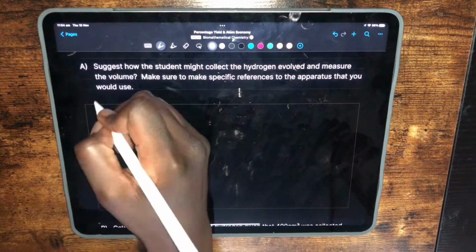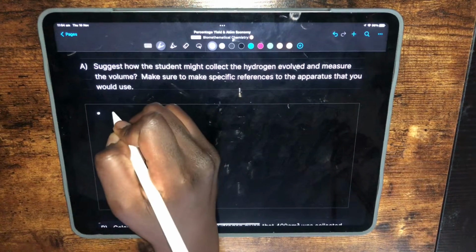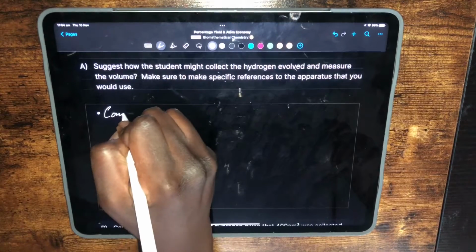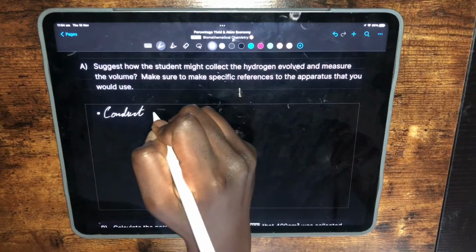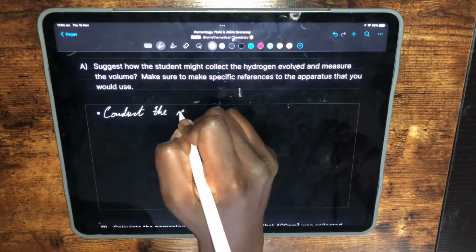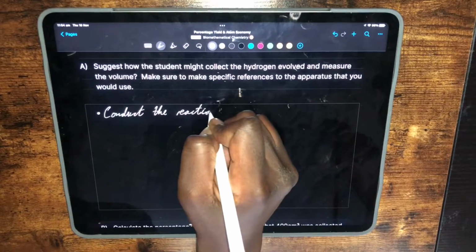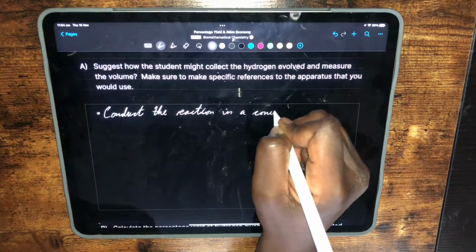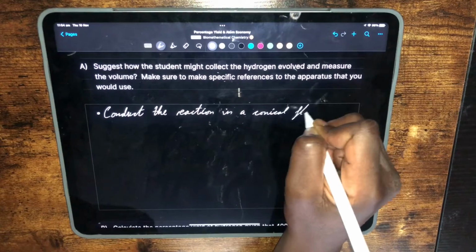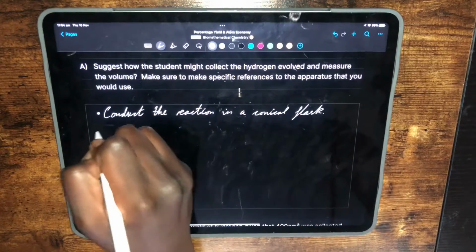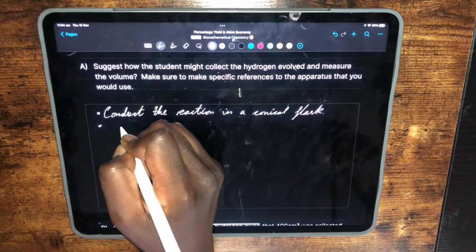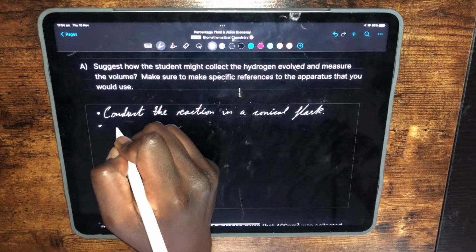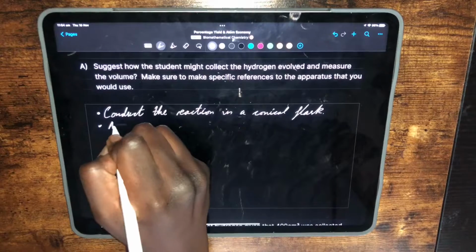So first of all, I'd conduct this reaction in a conical flask. I then add a bung to the top of the flask after adding the reactants.